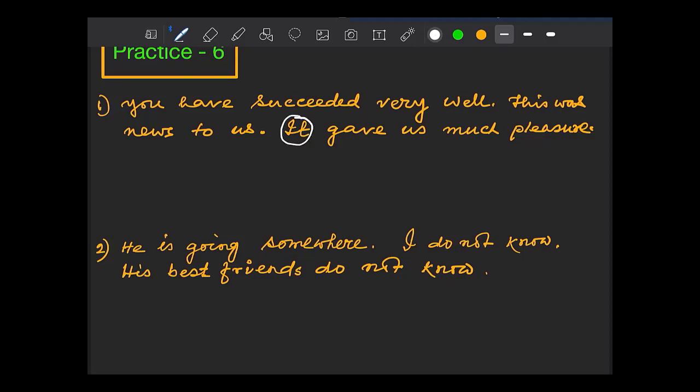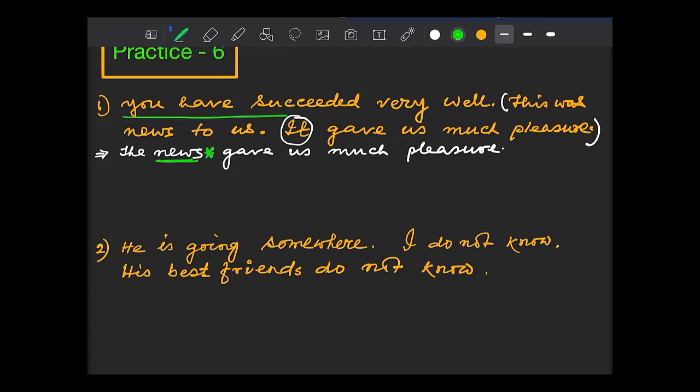See, combine these two sentences first. The news gave us much pleasure. See, these two sentences are combined. Now, the news is a noun.